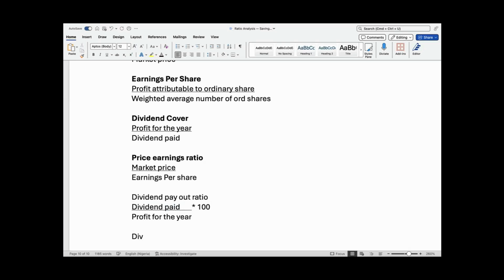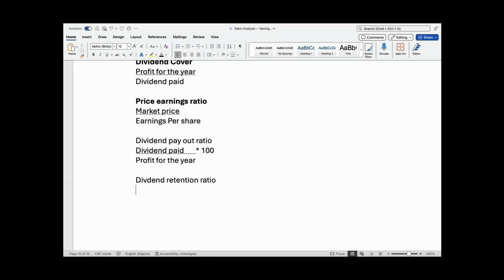Another one can be dividend retention ratio, which is the proportion of our profits that we are retaining, so profit for the year minus dividend paid, divided by our profit for the year.